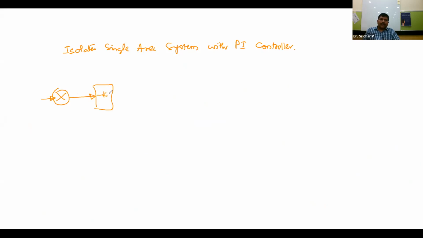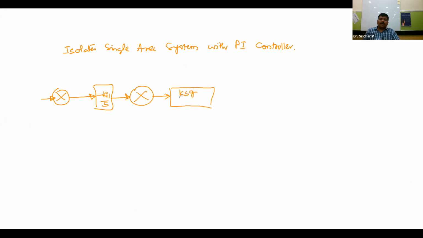Now, the isolated single area system with PI controller. So this is minus Ki by S, and this is again a summer.